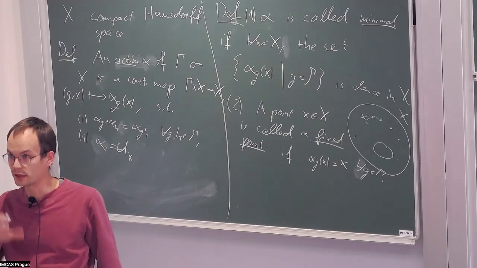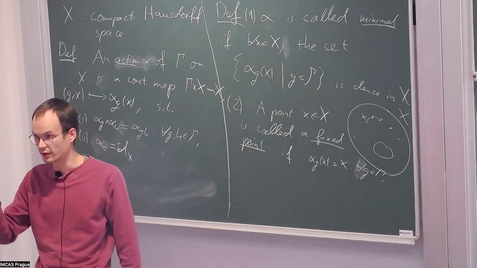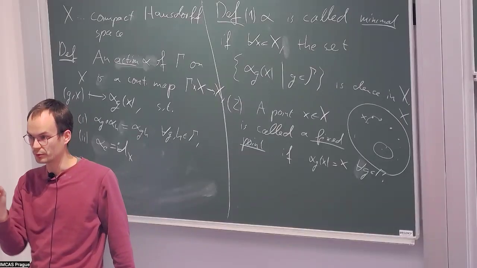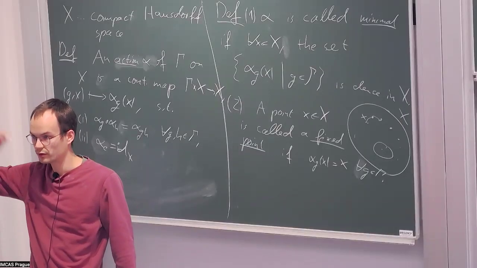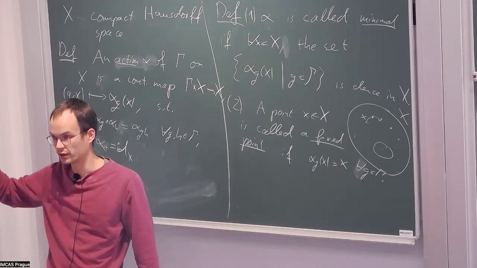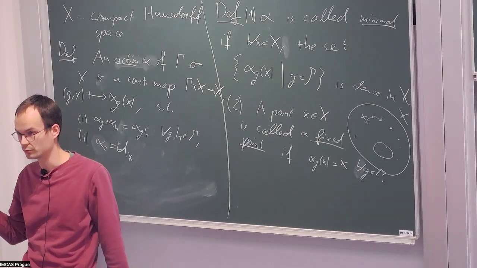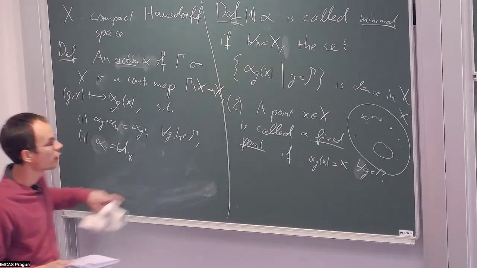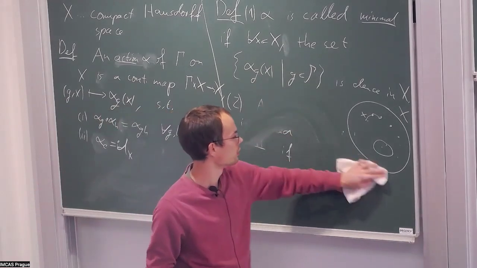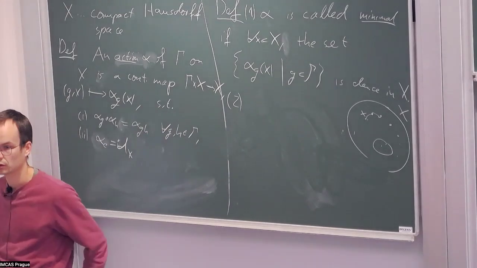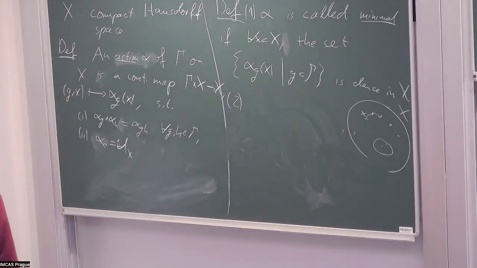So minimality is stronger than transitivity in the sense that if you're minimal, then every point is transitive, because every point sees the whole space, whereas transitivity just means there exists a point from which you can reach the entire space, but there might be other points where you can't. Yeah, each orbit. Yeah, exactly.